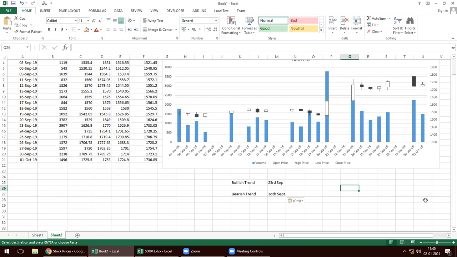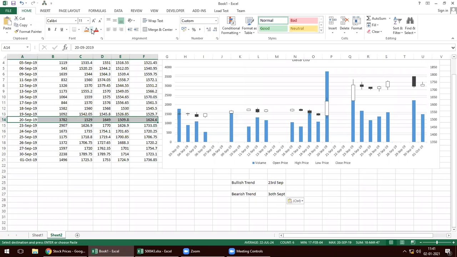But here another interesting fact: on 20th September, there are two things. The candle has its own flame, top as well as bottom. Then the volume point is very big on 28th September.